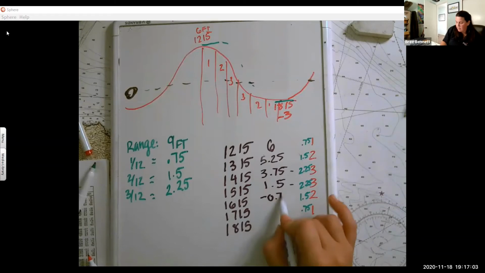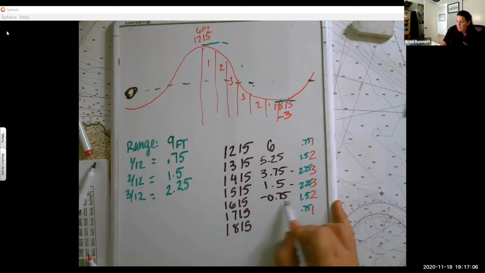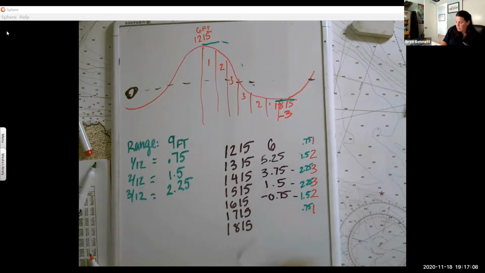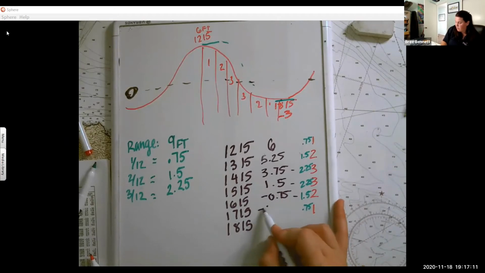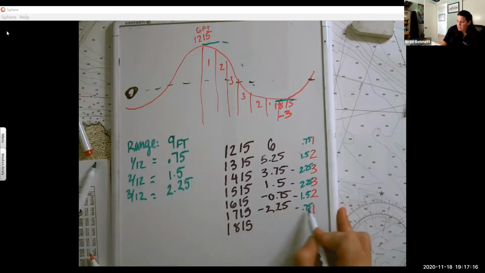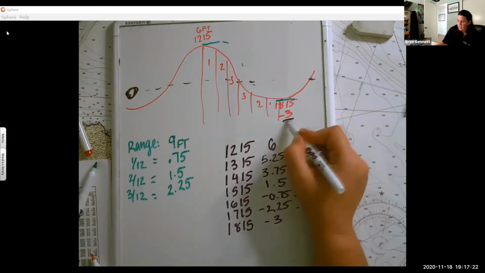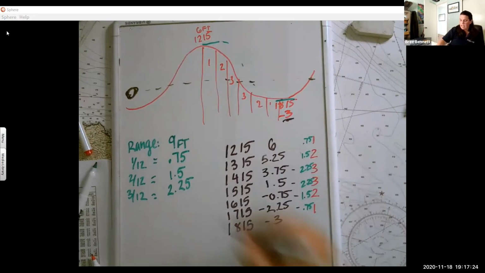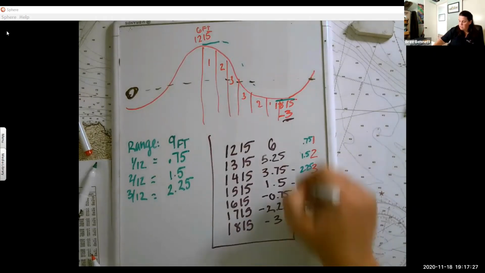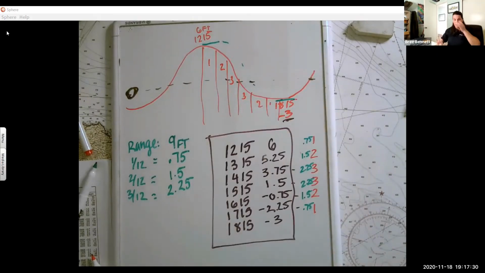Negative 0.75. Negative 0.75 minus my 1.5 gives me negative 2.25. Minus my 0.75 gives me -3, and that is what I'm ending with. So now I have a little tide table for this specific area, and it asked me what is the tide at 16:15.